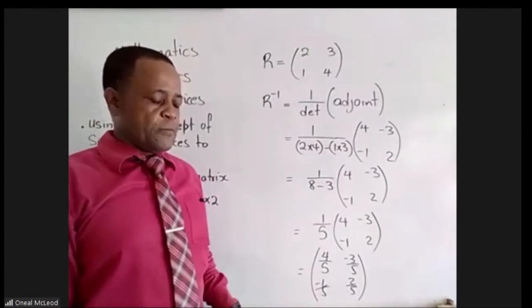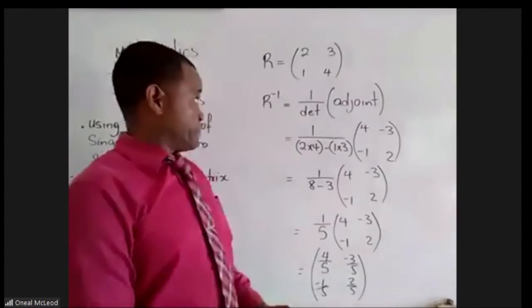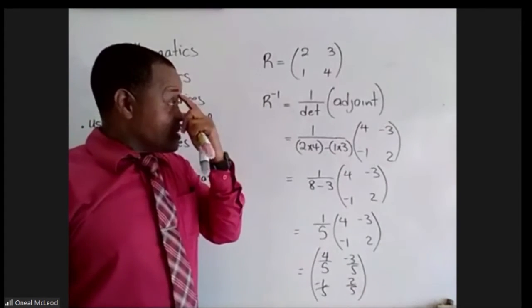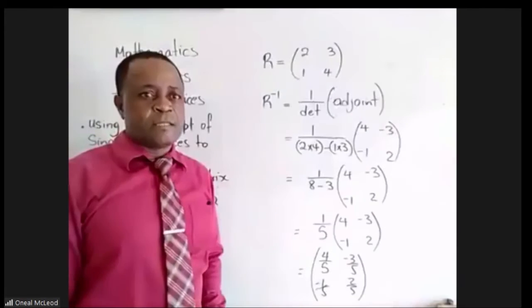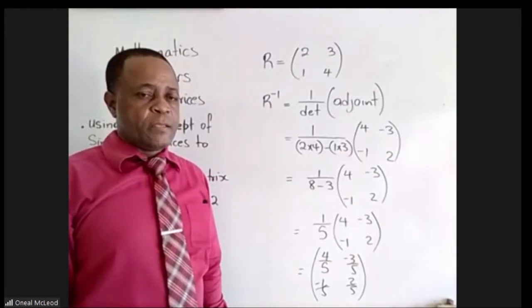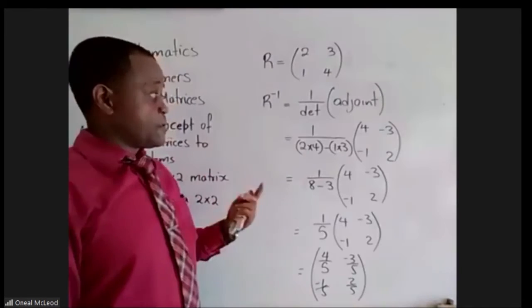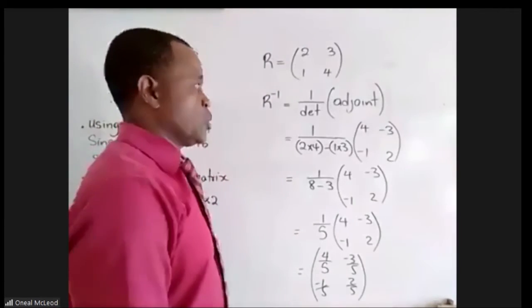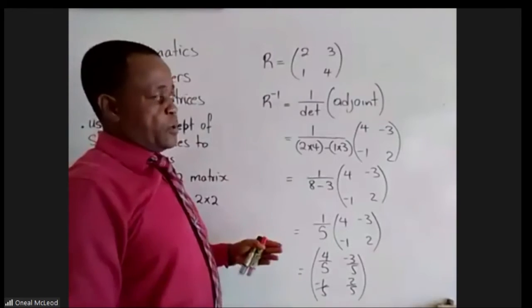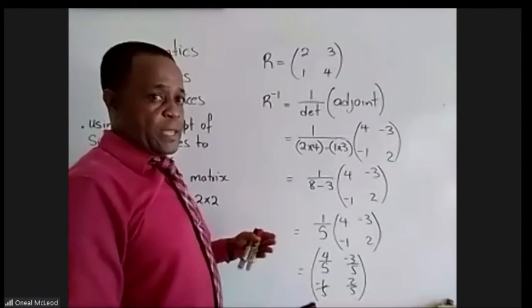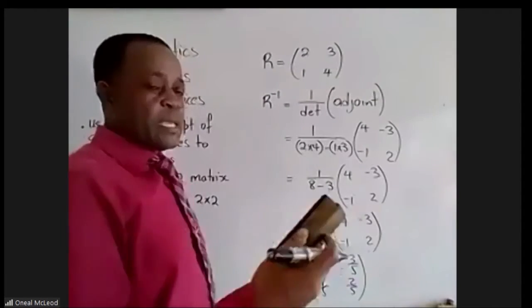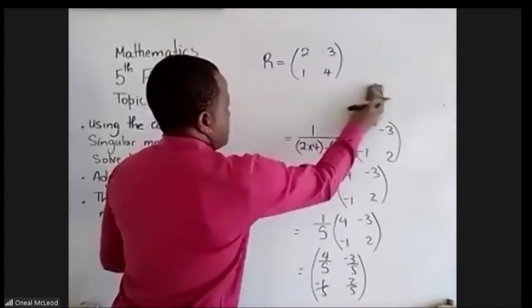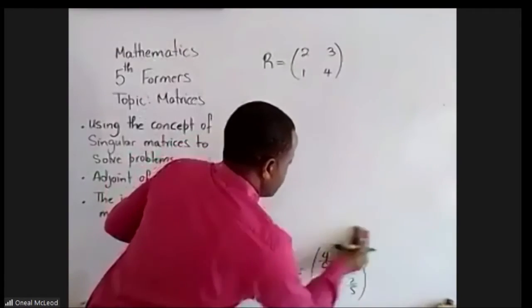Very, very simple. So we're going to look at the last question as it relates to this session. And then I'm going to explain what I was saying about the multiplicative inverse.